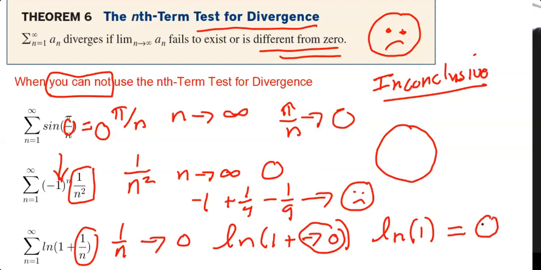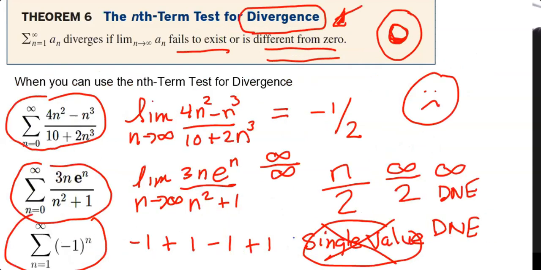So natural log of 1 is 0, so can we use the test? Cannot use the test. So in all three cases on this page, all my limits went to 0. This test is inconclusive. All the problems on the previous page either did not exist or were different than 0. Therefore, we know for sure they diverge.